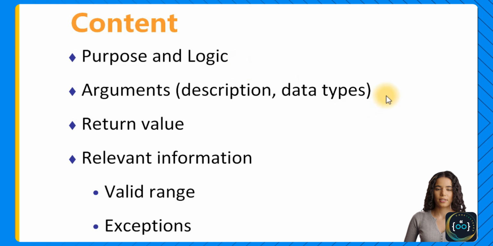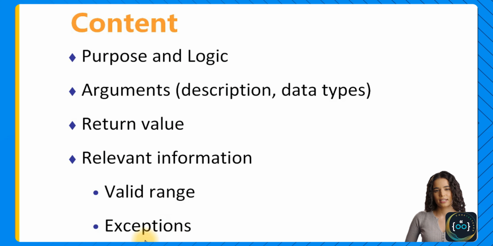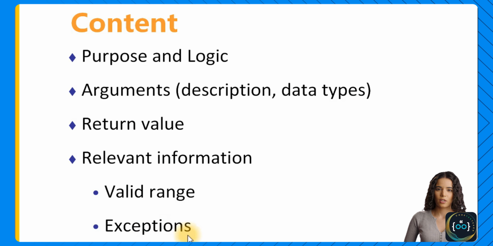In the case of functions and methods, they also describe their arguments. A brief description of each one of them is usually included, and their data types, so the user can know what data types are expected to call the function or the method. The return value can also be described, and this description can also contain relevant information, for example, the valid range of values that you can pass as the arguments, and any exceptions that might be raised if you pass an invalid value to the method or the function.